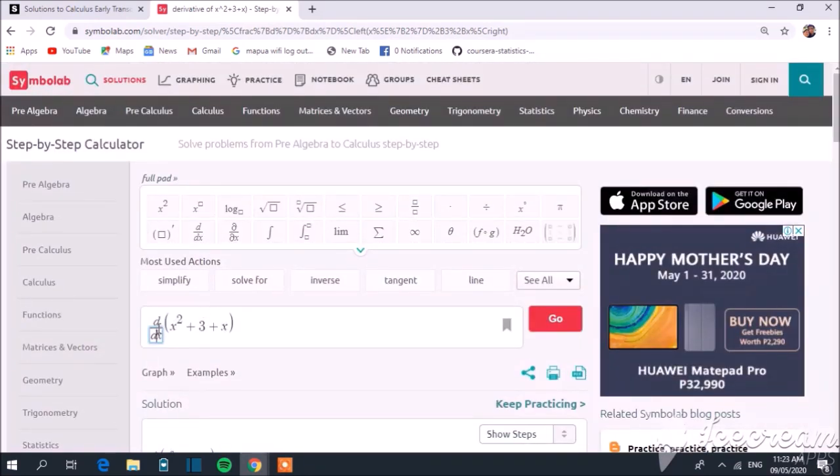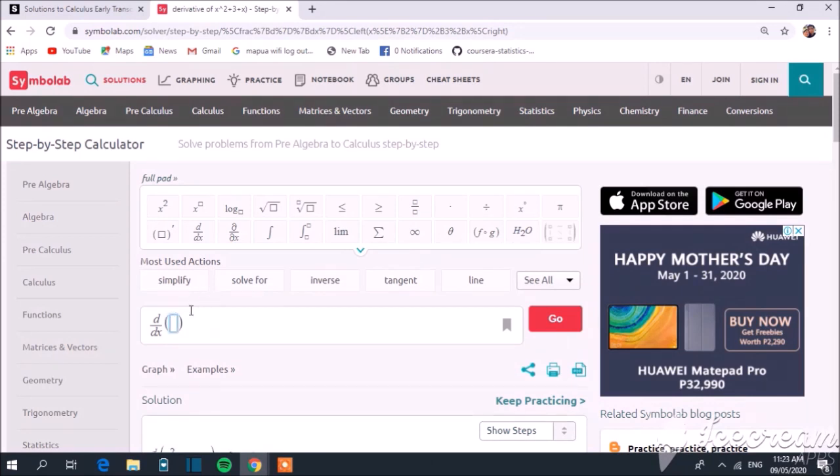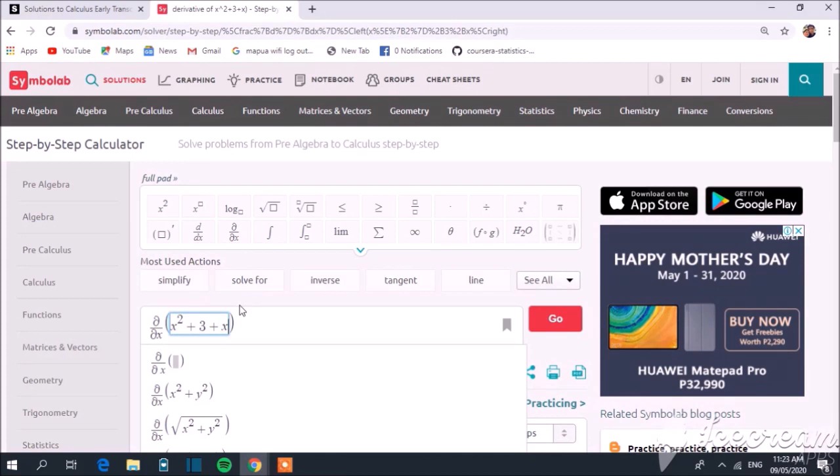So let's just copy this function and use it for a test. Now we'll do partial differentiation. Let's just change this to y, because it's partial differentiation with respect to x.